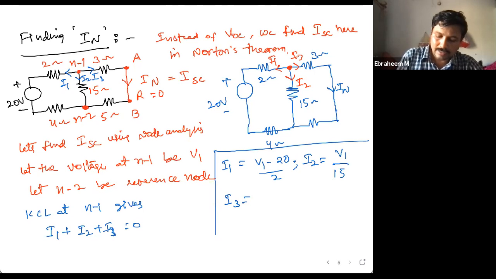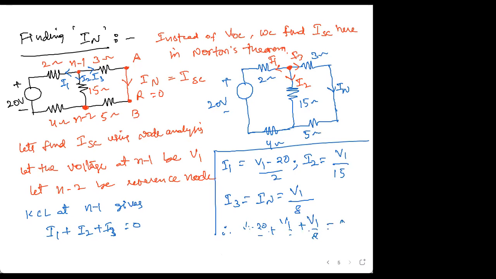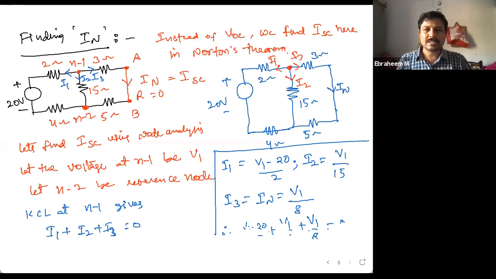I3 is nothing but IN, that is equal to V1 by how much? This is 5 ohms, right? 8 ohms. So therefore V1 minus 20 by 2 plus V1 by 15 plus V1 by 8 is equal to 0.